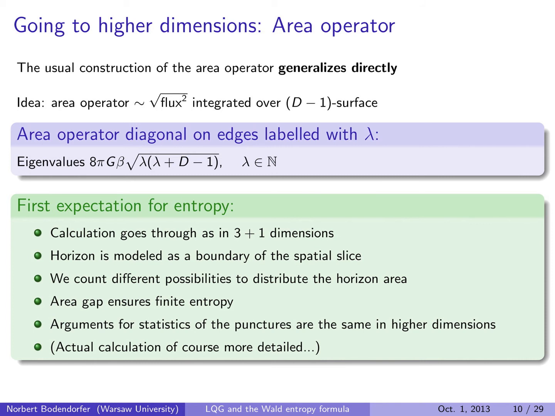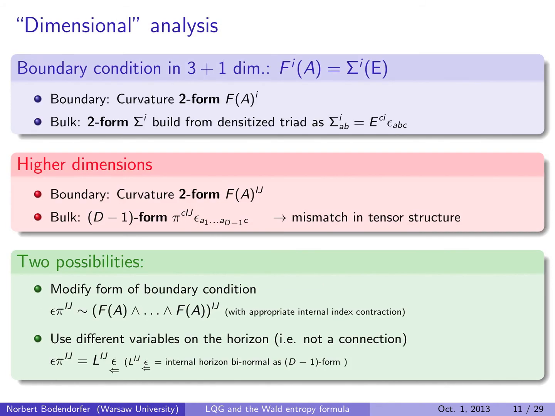Okay. So let's go to the next slide, number 11, dimensional analysis. Here I want to show that there's already some difference appearing when you think about how to construct the boundary condition. So recall that the boundary condition of the isolated horizon degrees of freedom in 3+1 dimensions reads that the curvature F of the Chern-Simons connection A is given by the flux, here written as sigma I. This sigma I is nothing else than taking the densitized triad, big E, and contracting it with a lower epsilon symbol.